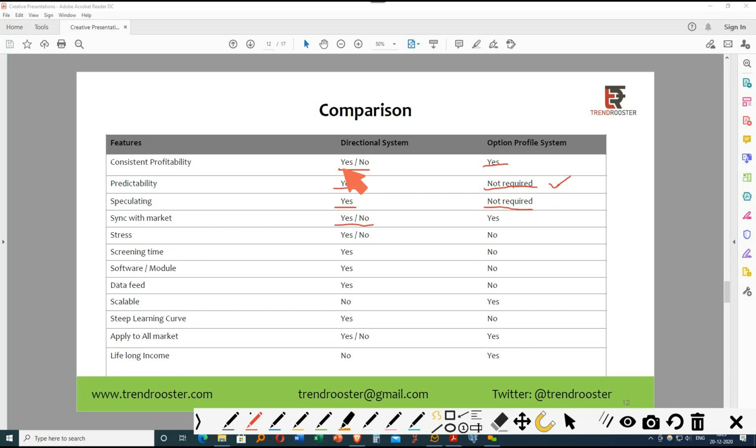We can't do anything. We get chopped out, stop loss is hit, and then we have to wait patiently for the trending market to recover, right? But the option profile trading system works perfectly in a choppy market, and it works in a trending market too. There are one or two scenarios where it doesn't work. I'll let you know later, but at least 80 to 90% of the time it works.